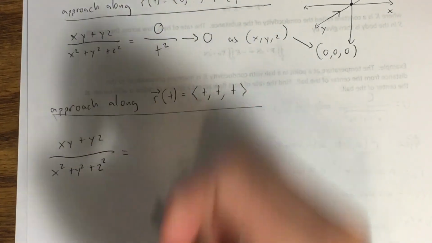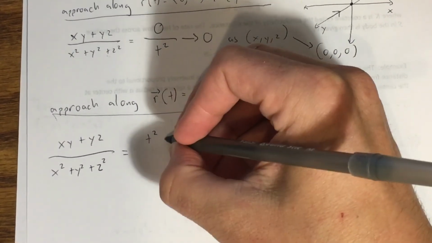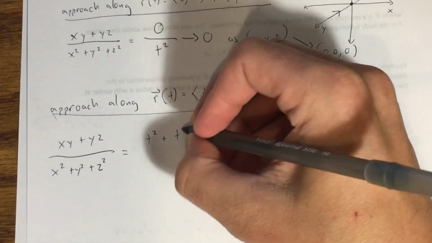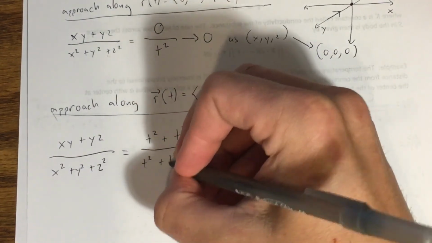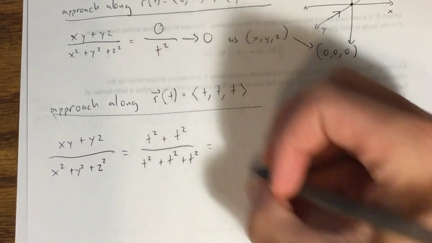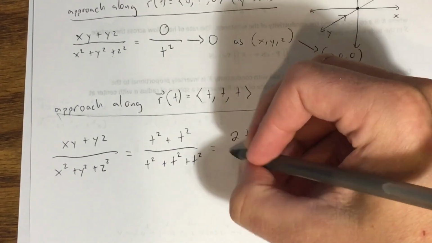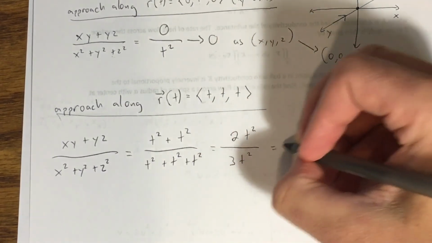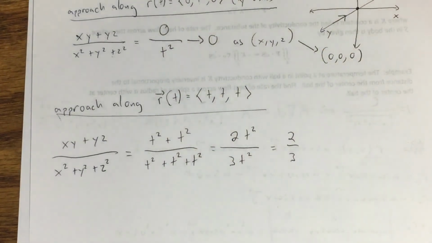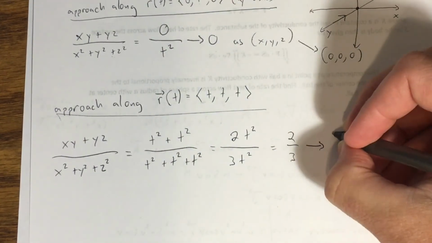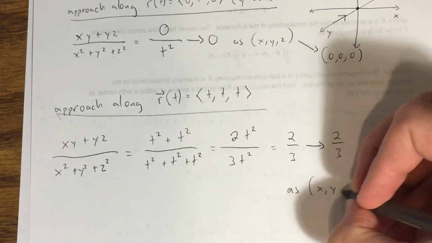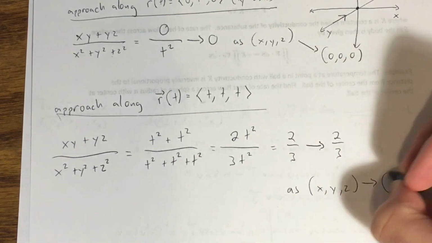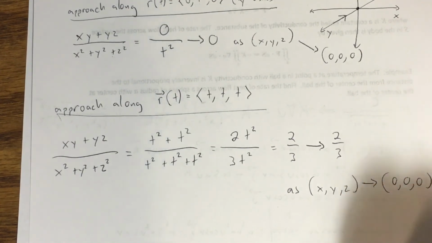I'm substituting t's in for everything. So this becomes t times t, or t squared. y times z becomes t times t again, t squared. All 3 of these are t squareds. And then combining like terms, I get 2t squared over 3t squared, or 2/3. Notice this is a constant function, so it approaches itself, 2/3, as x, y, z approaches 0, 0, 0.